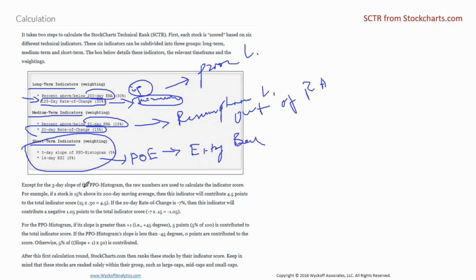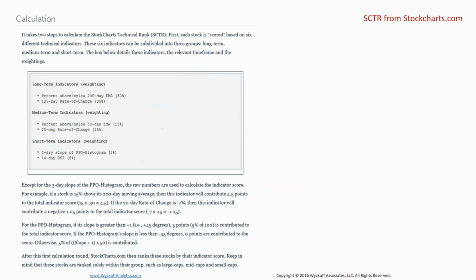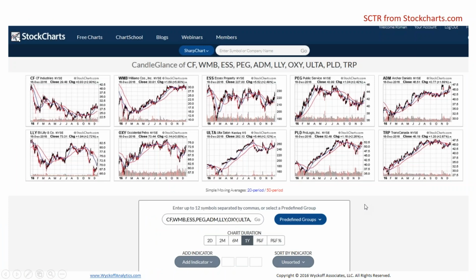And I encourage you to go to StockCharts and go to the ChartSchool pages and look at the definition of the scooters. But let's look at the results. And I've just done this actually today, actually last night before the workshop, and I just wanted to give you this example for scooters.